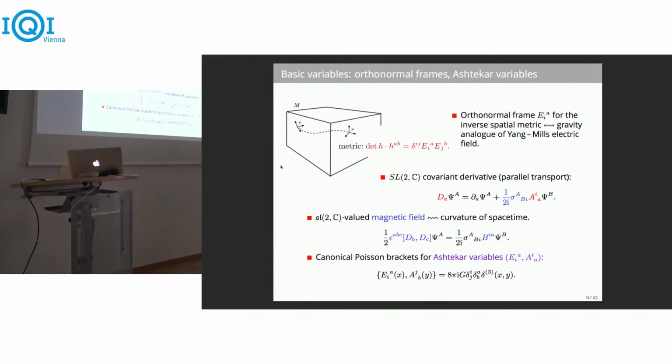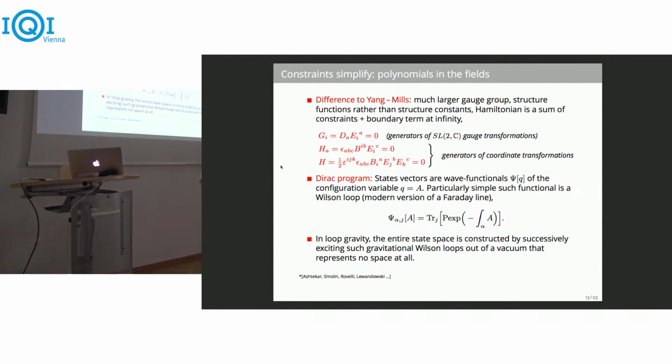But again, these are the canonical commutation relations at the kinematical level, that is before imposing the constraints. The constraints of the theory are the generators of the gauge symmetries. And what are the relevant gauge symmetries in this formalism?